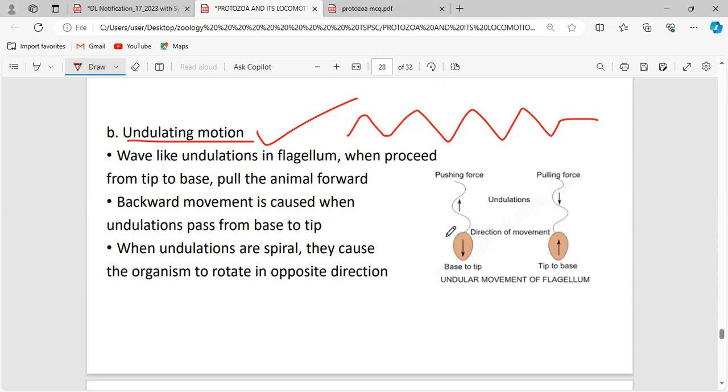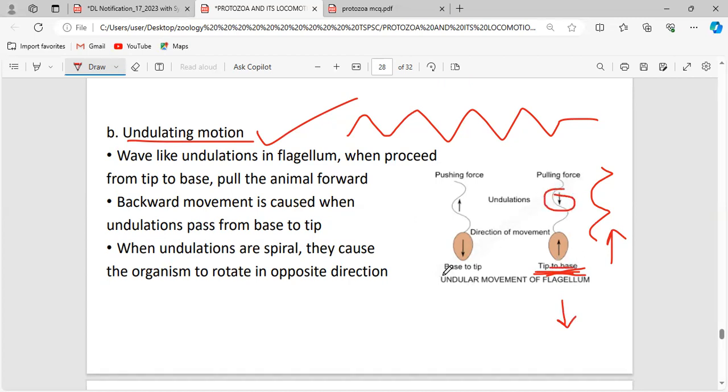Just write a note of it: if the wave-like undulations pass from tip to base, the animal will move forward. Sorry, I said backward, but if it is tip to base, the animal will move forward.